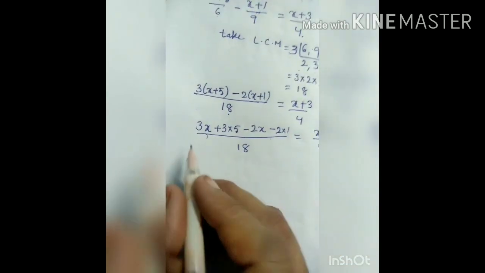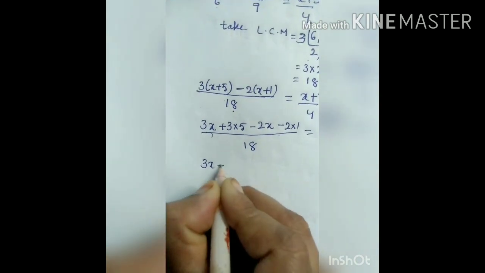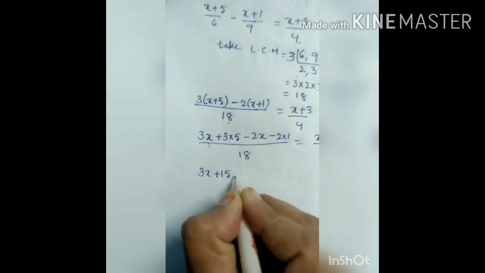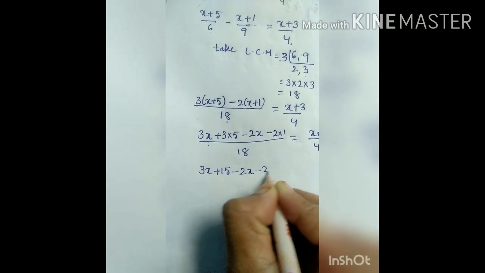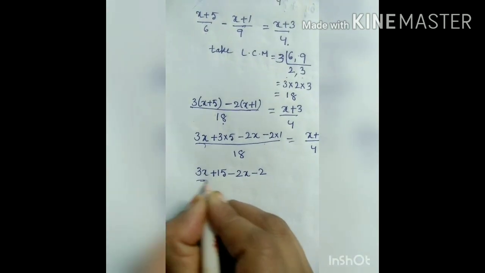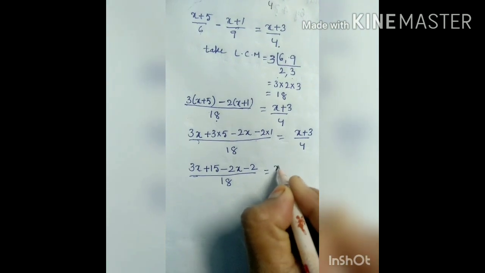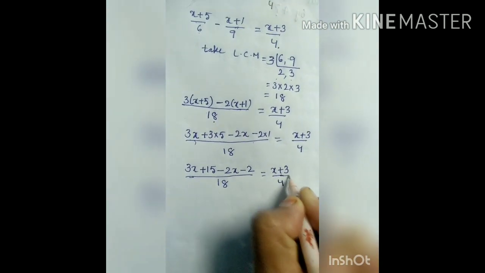So 3 into x is 3x, plus 3 5s are 15, minus 2 into x is 2x, minus 2 1s are 2, by 18 is equal to x plus 3 by 4.